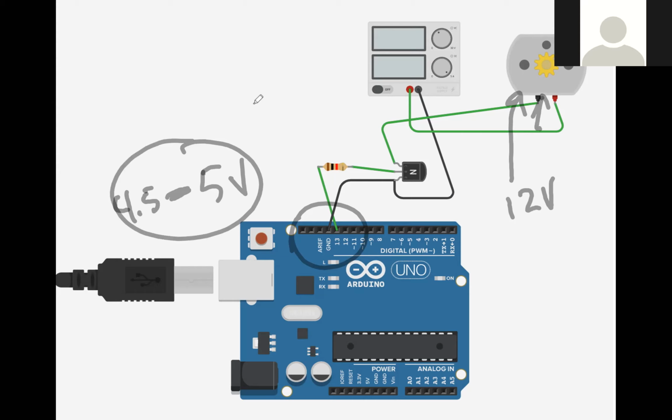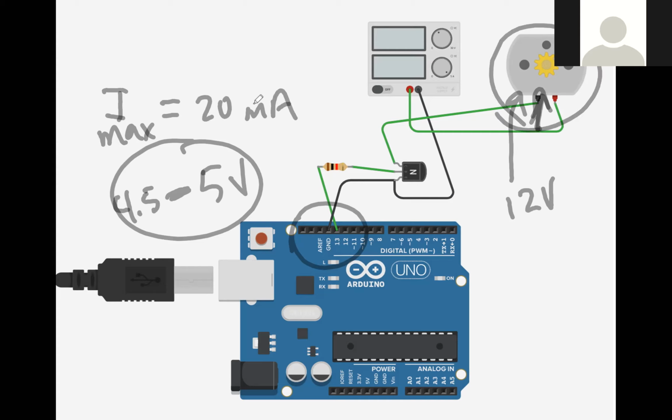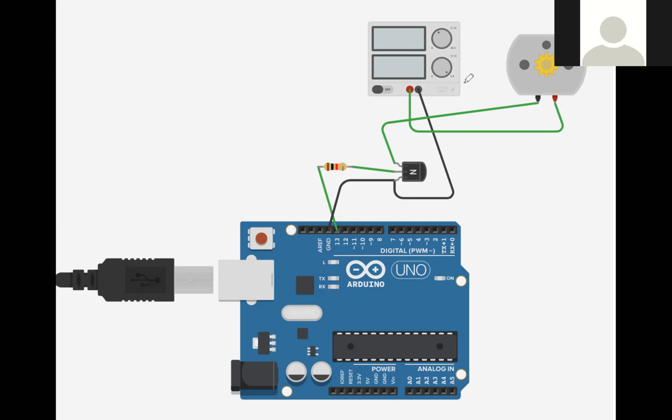Also, this motor takes more current than an Arduino can put out. The maximum safe current for an Arduino to put out is about 20 milliamps, and this motor takes a lot more than 20 milliamps. If we try to run this motor directly from an Arduino, we will destroy the Arduino.